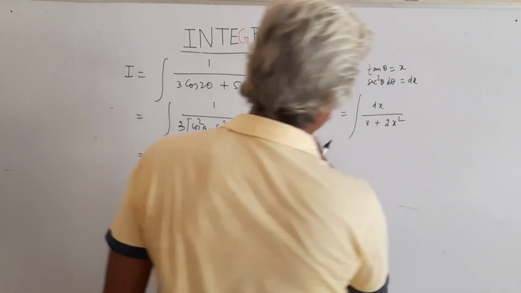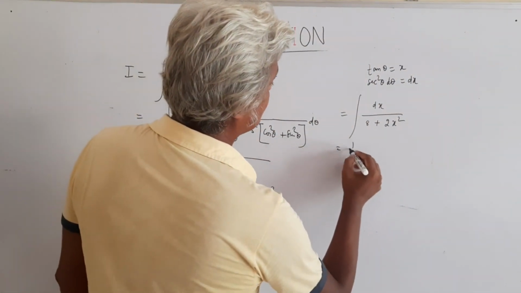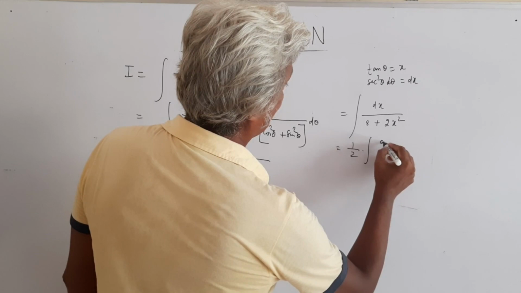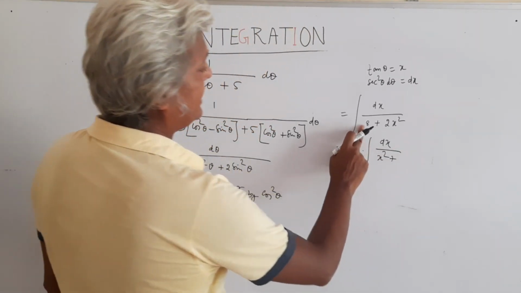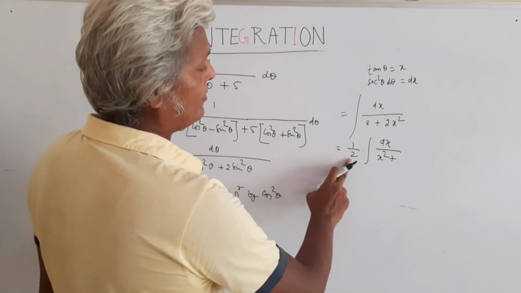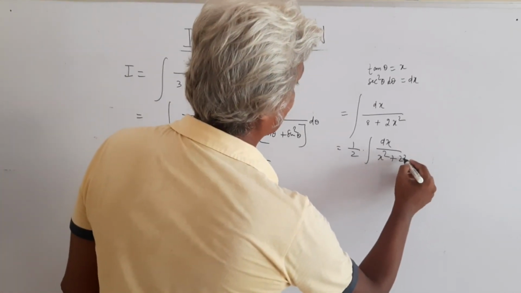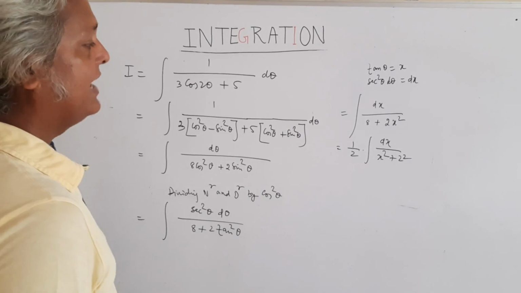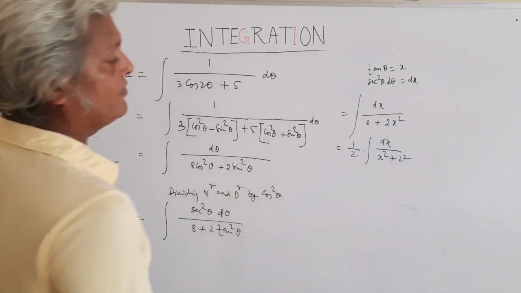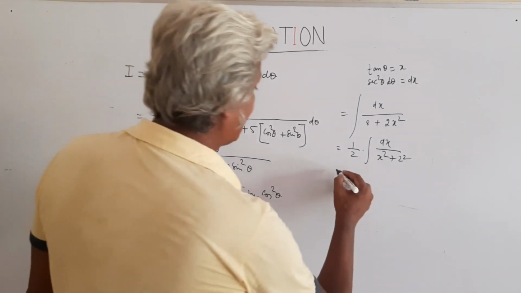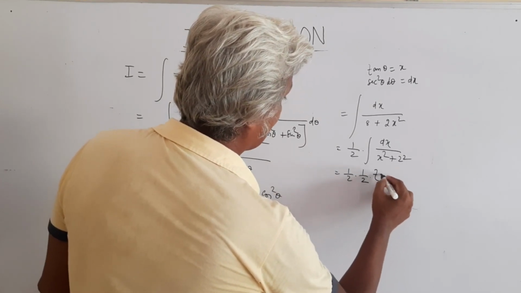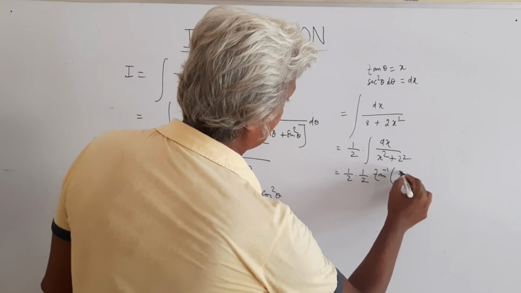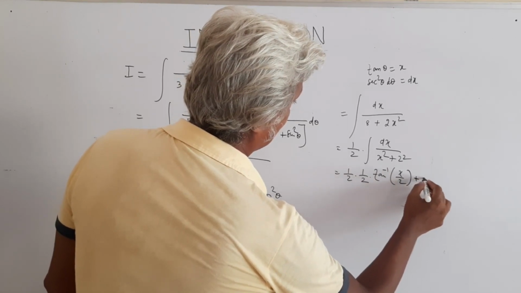Now if I take this 2 common, so 1 by 2 outside, we have dx over x square plus 4, and the 4 I can write as 2 square, and there you see it's directly going to the form dx over x square plus a square, which gives 1 by 2 times 1 by 2 tan inverse x upon 2 plus c.